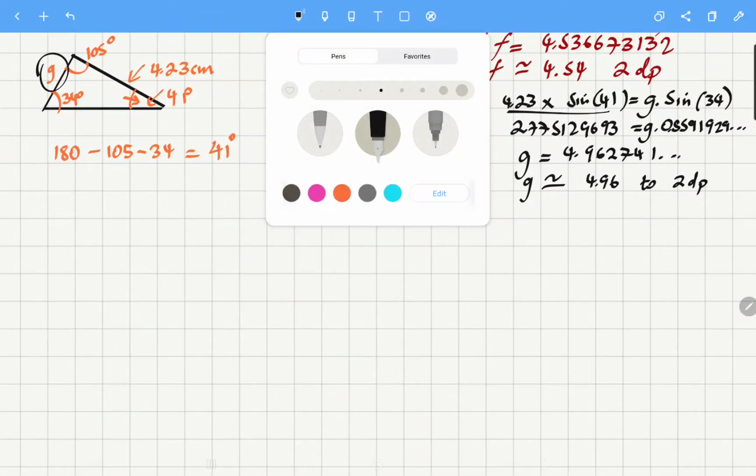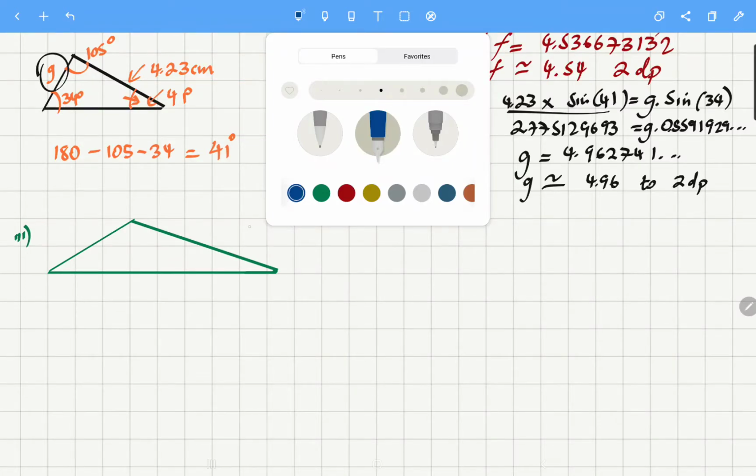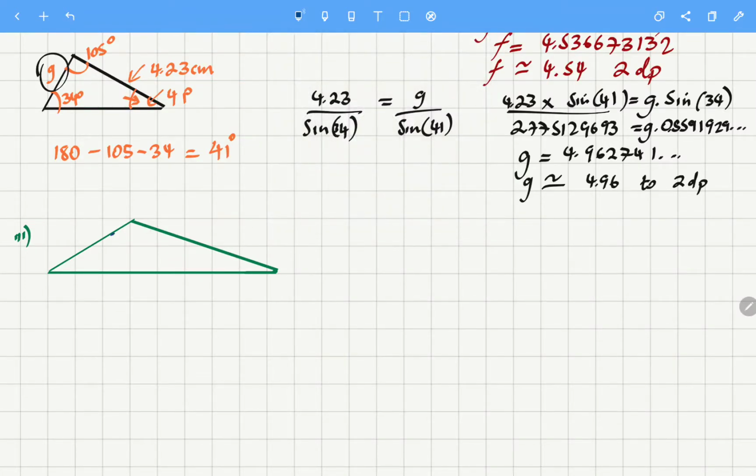Then let's crack on. This time I need to find an angle, but I'm going to use the sine rule again. So I'll just draw my triangle. That's 121 degrees, and I need to find this angle, so I'm just going to call it theta.